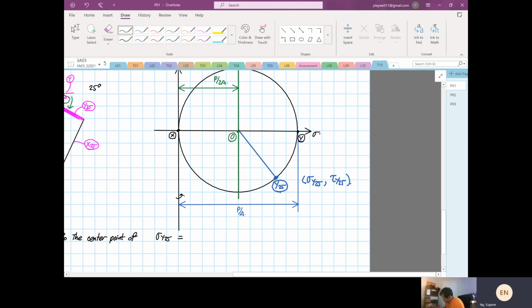So this is equal to P over 2A plus, since this is 50 degrees, the distance from here to here is equal to our radius times cos 50.